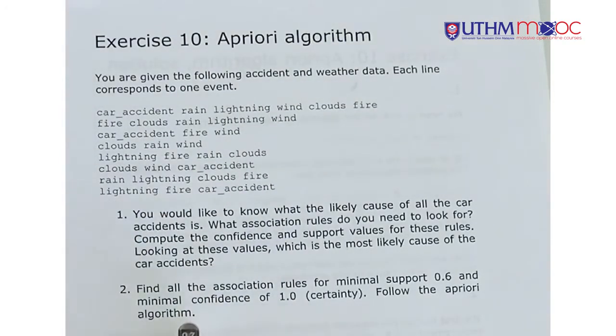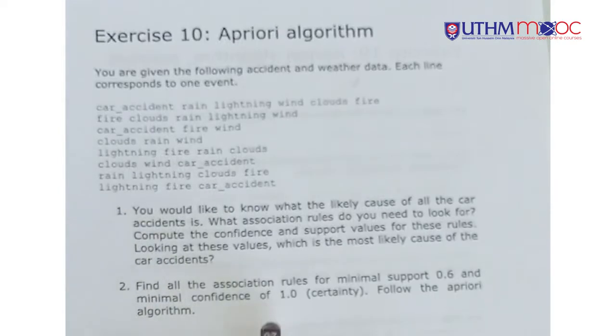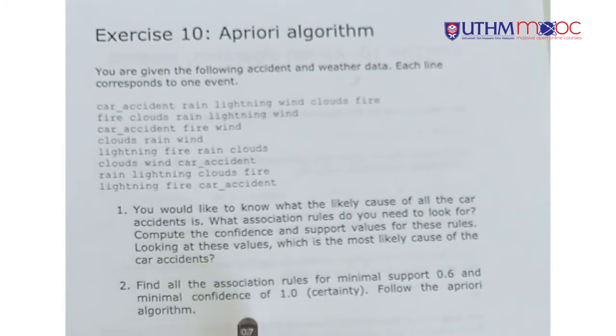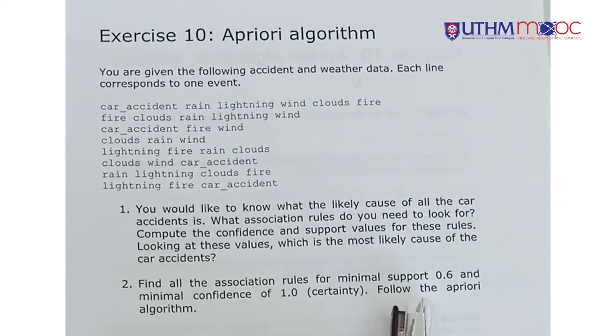Now we are going to focus on question number 2 here. It says find all association rules for minimal support of 0.6 and minimal confidence of 1.0. Remember, there are 2 steps in the Apriori algorithm. First, we want to find the frequent item sets, which have support 0.6.